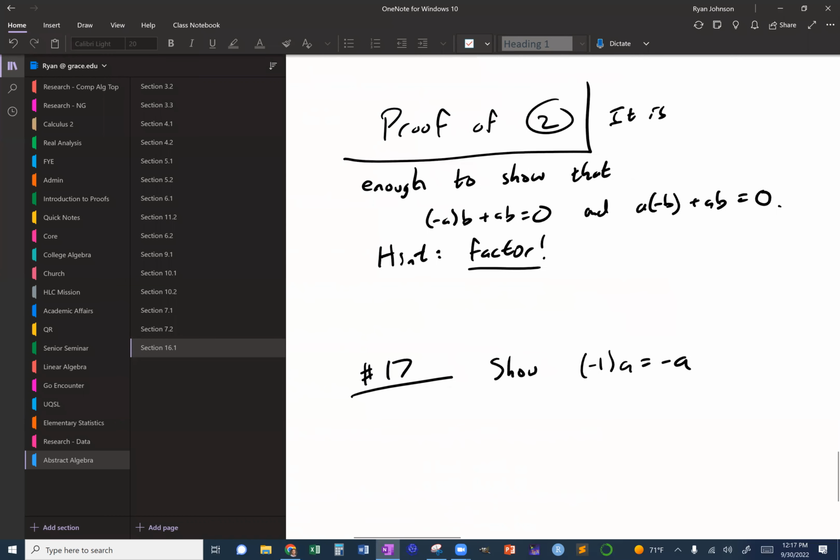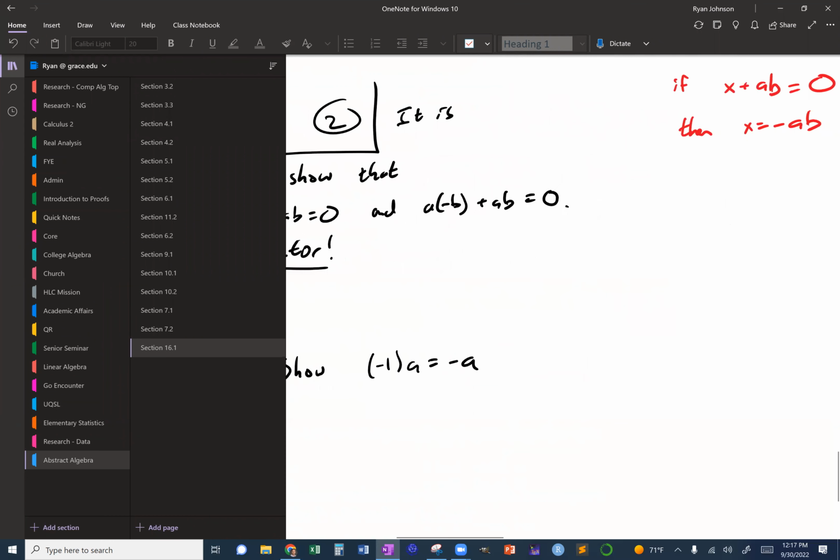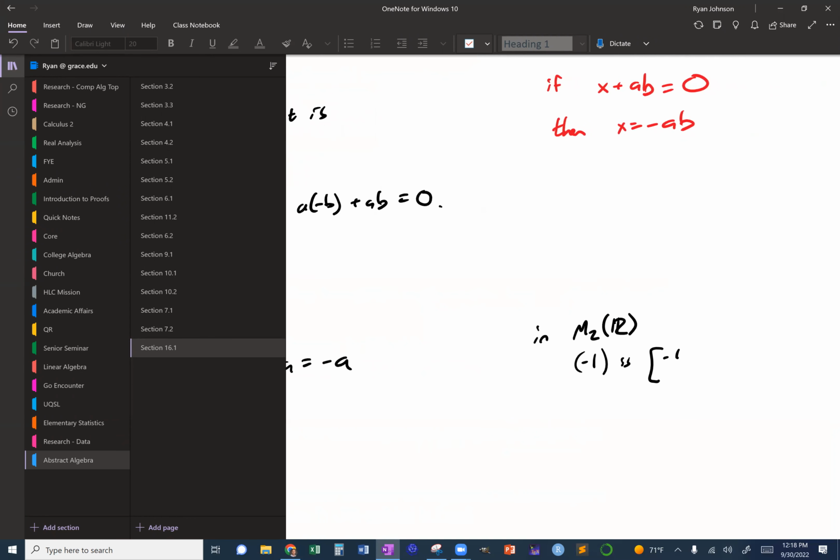For instance, in the 2 by 2 matrices, -1 is really the matrix with -1, 0, 0, -1. It's a thing that when I add it to the multiplicative identity, I get 0.